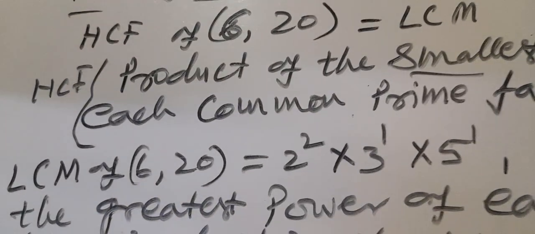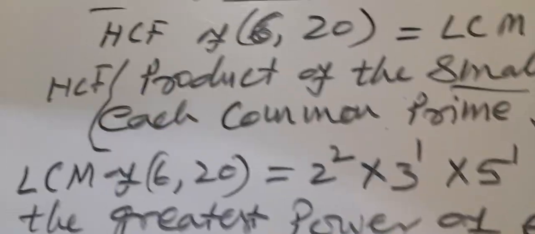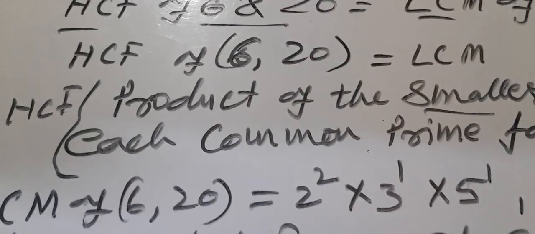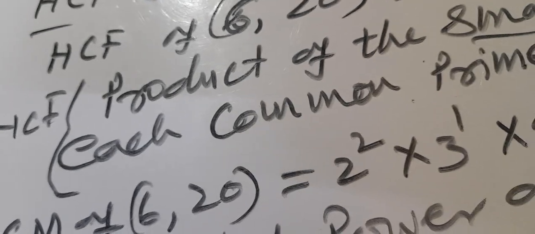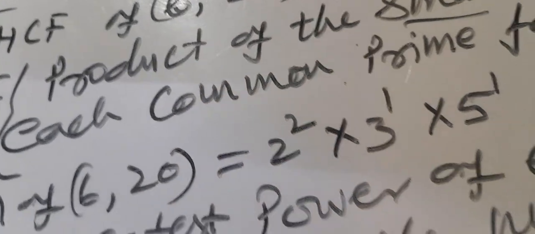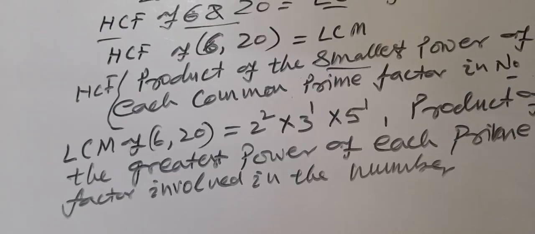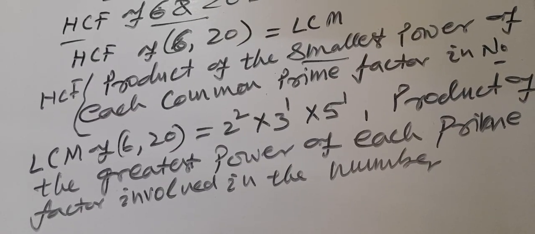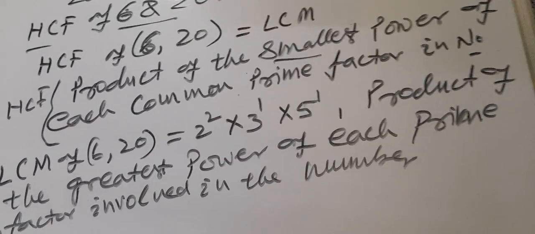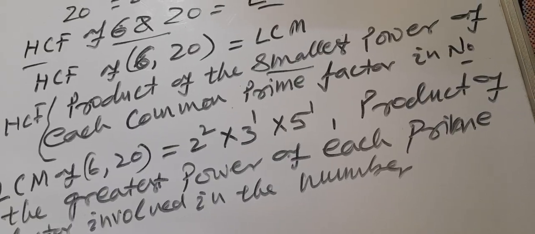From the example above, you might have noticed that the HCF of 6 and 20 times the LCM of 6 and 20 equals 6 into 20.